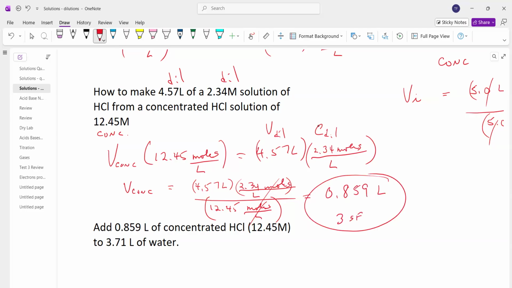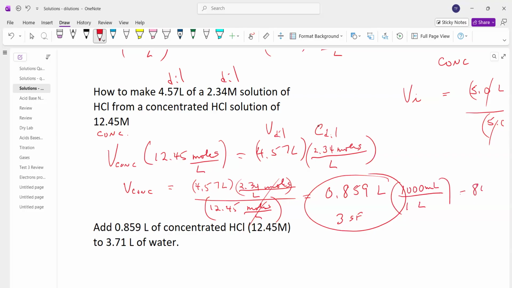How many milliliters is that? How many milliliters are in a liter? 1,000. Remember, 100 cents in a dollar. So remember, the centi refers to 100. So we wanted to convert it to milliliters.